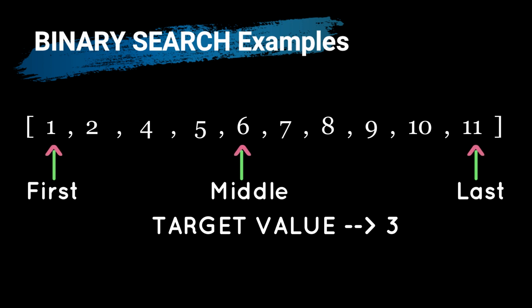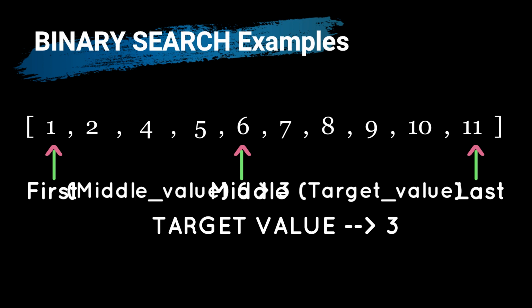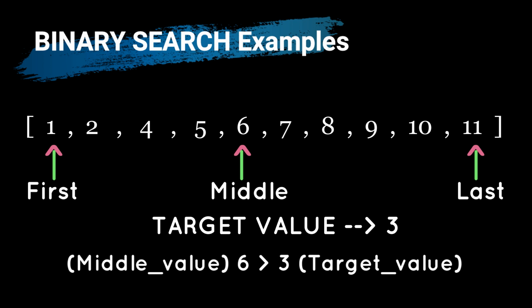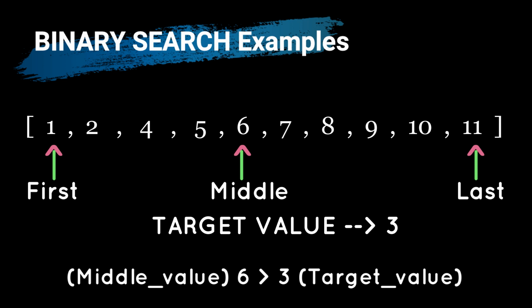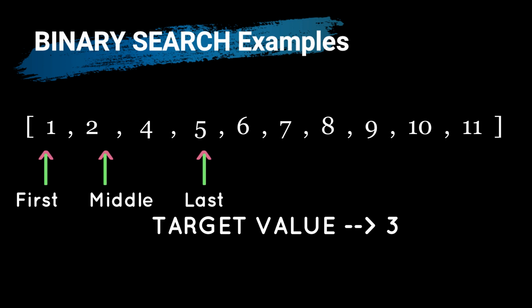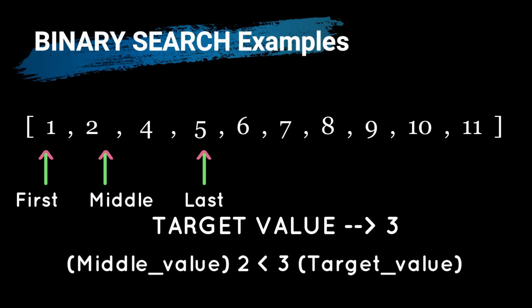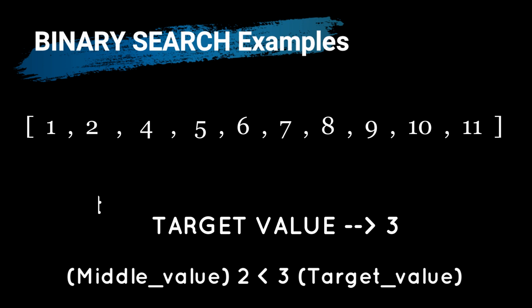In the beginning, we consider our full interval, now checking the middle element which is greater than our target value. Now narrow the interval into the lower half of the array. Now the last indexing pointer is pointing to the 4th element which is 5, again comparing the middle value with our target value, and this time the middle element is less than the target value, so now narrow the interval into the upper portion.